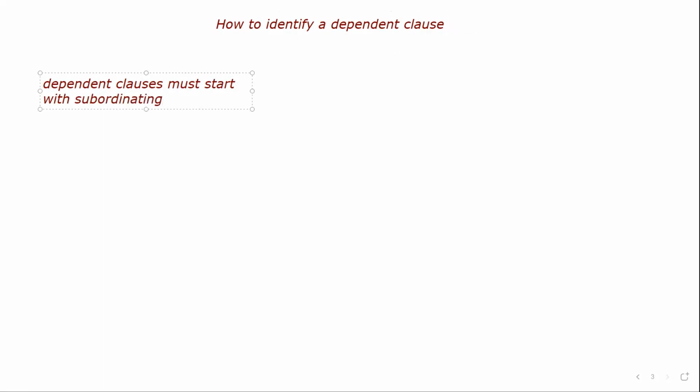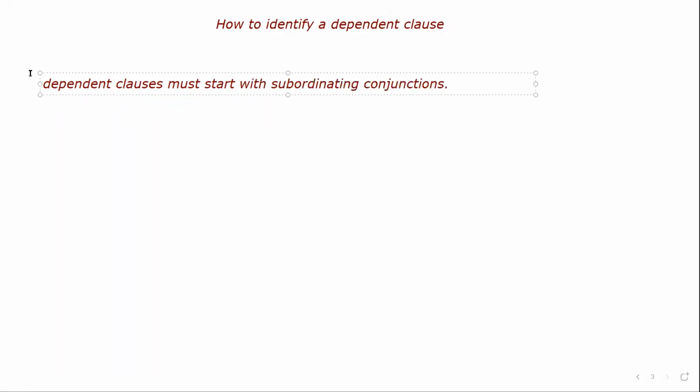Oh, miss, this is where we stopped in the PowerPoint. Yes, this is where we stopped. I'm sorry, conjunction. Why am I saying things that I'm not writing? All right. Dependent clauses must start with subordinating conjunctions, which are also called subordinators, such as, let's take a look.